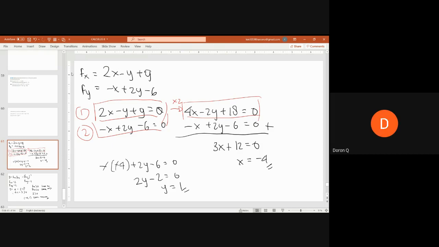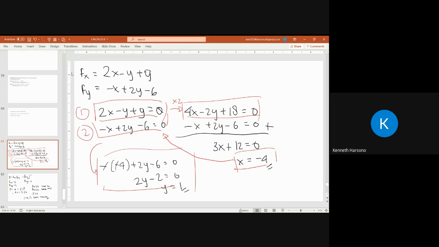And then find x and y. Find x, right? This one x is -4, and substitute this back into the second equation. So this goes here and goes here.